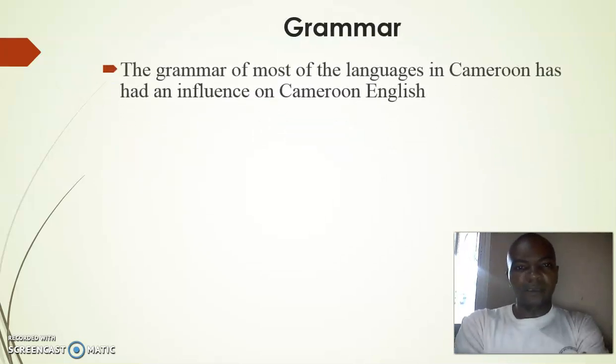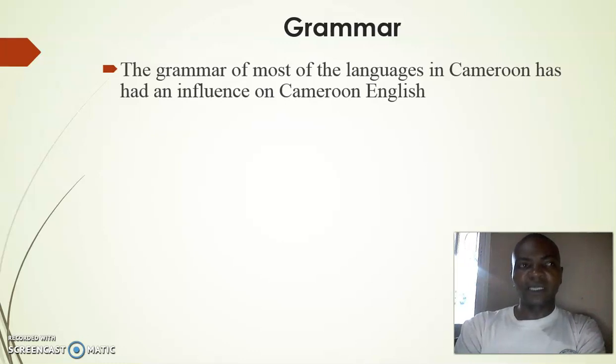Okay, let's look at influence in grammar. The grammar of most of the languages in Cameroon has had an influence on Cameroon English. The influence is that the structure is always different. The structure of the local language and the structure of English is not the same. Most of the time when Cameroonians speak and make mistakes, those mistakes are attributed to Pidgin English.